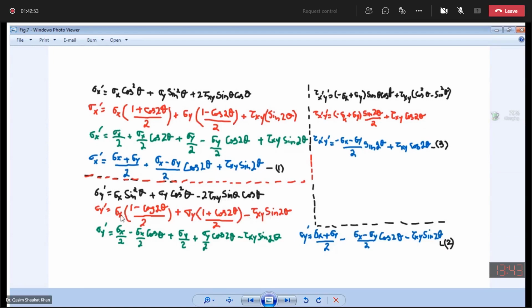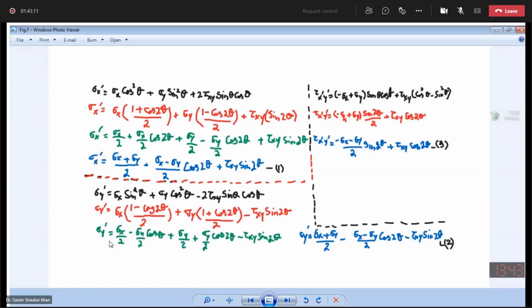Then we are further simplifying this equation. Sigma y dash is equal to sigma x over 2 minus sigma x over 2 cos 2 theta plus sigma y over 2 plus sigma y over 2 cos 2 theta minus tau xy sin 2 theta.